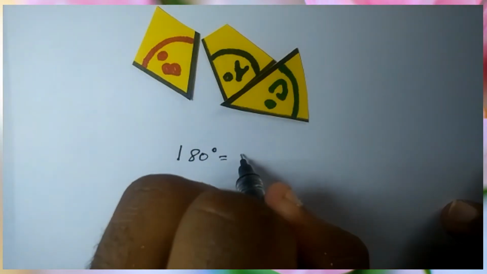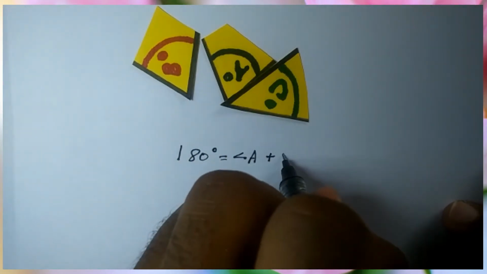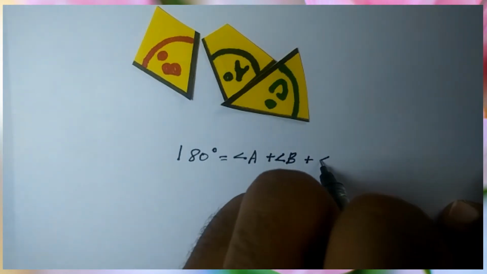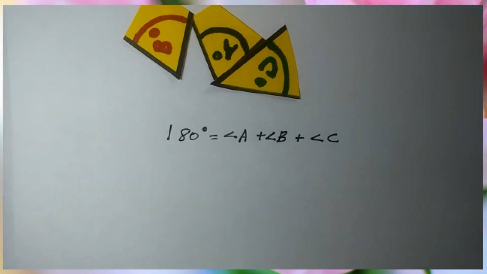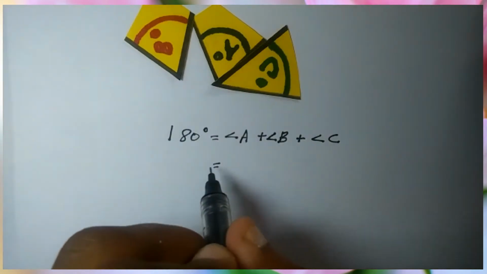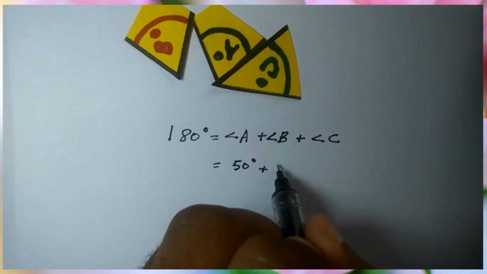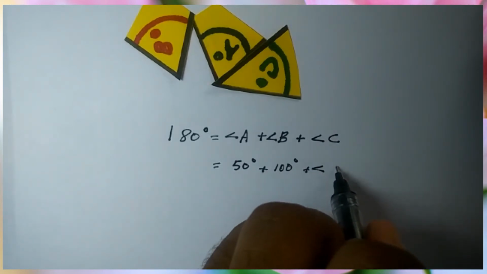So angle A plus angle B plus angle C must be equal to 180 degrees. So if I said that angle A was 50 degrees and angle B was 100 degrees, what should be the size of angle C?